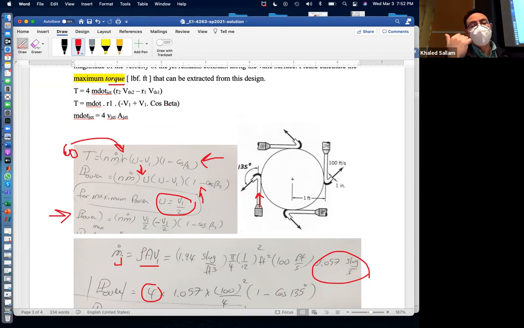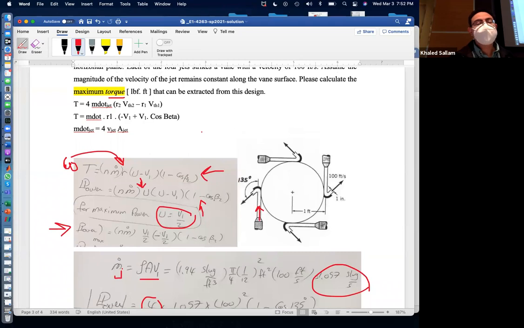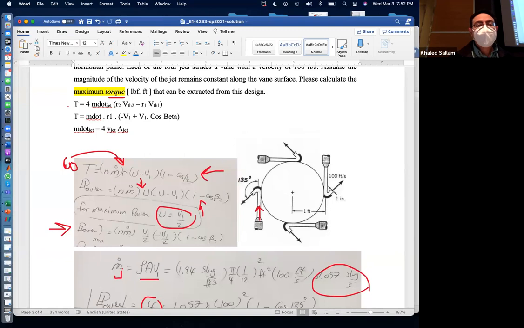I also kept telling you that this chapter is all about one equation, and that equation is torque equal, let me get rid of this drawing thing. The torque is equal to m dot, or 4 m dot jet, because there are 4 of them, r2 v theta 2 minus r1 v theta 1.